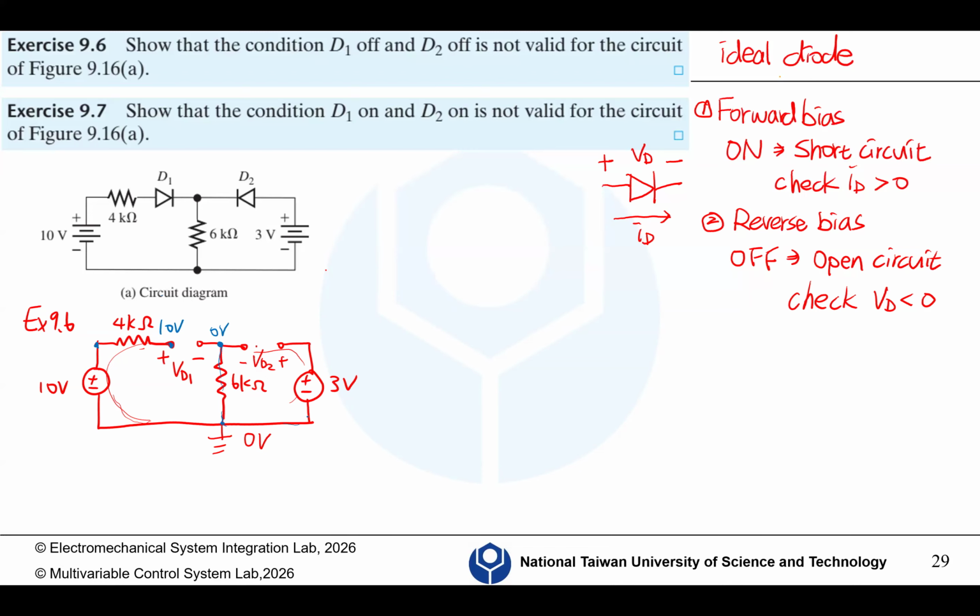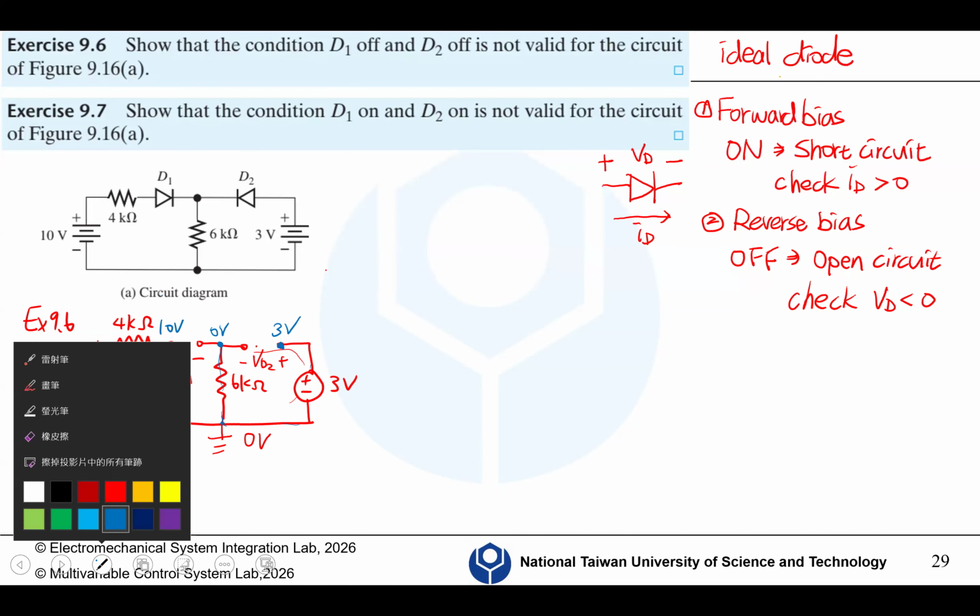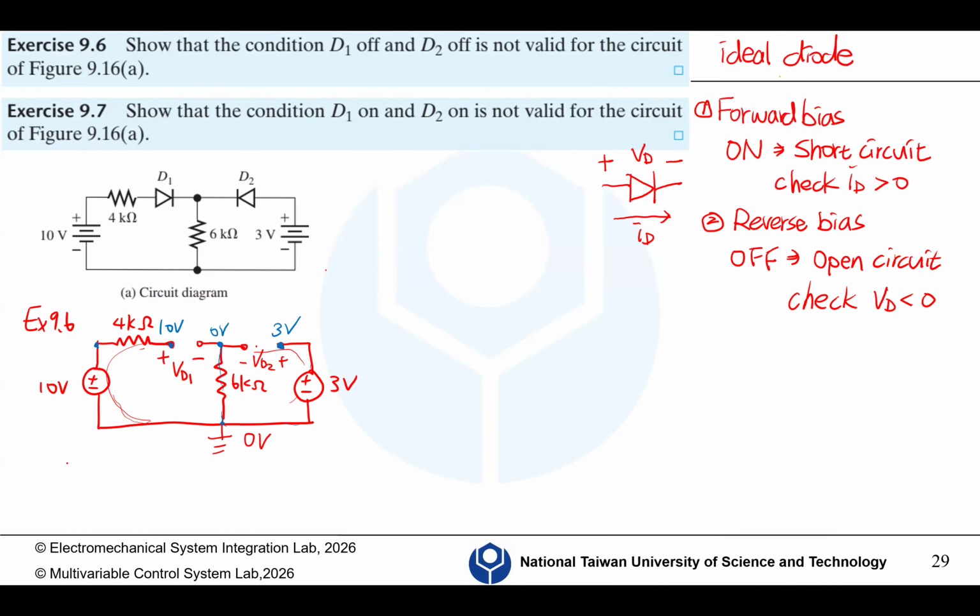And across these 3 volts voltage source, here is 3 volts. So we know VD1. I go back to this color. VD1 equals 10 minus 0, which is 10 volts.